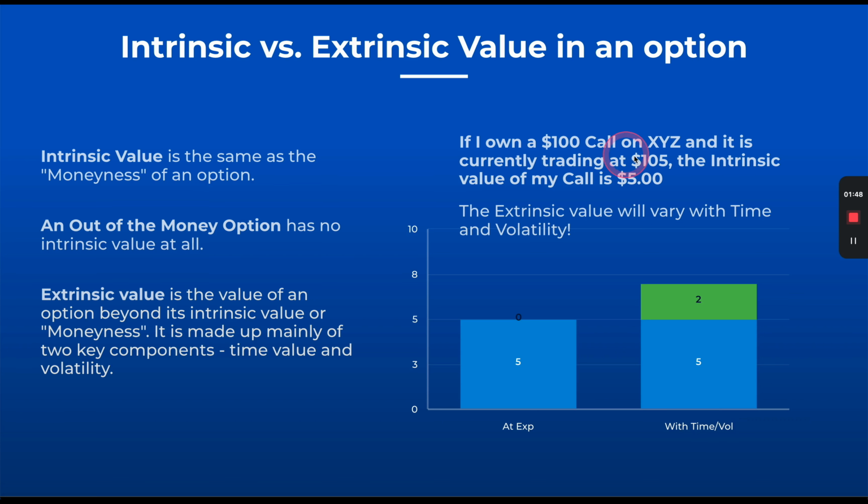I've got a $100 call. The underlying's trading at 105. I have $5 in intrinsic value in my option, yet that option might be worth $6, $7, $8. That additional amount above the intrinsic value is the extrinsic value. Again, the extrinsic value is made up of time and volatility, or theta and vega, the two Greeks that represent those two factors of time and volatility.